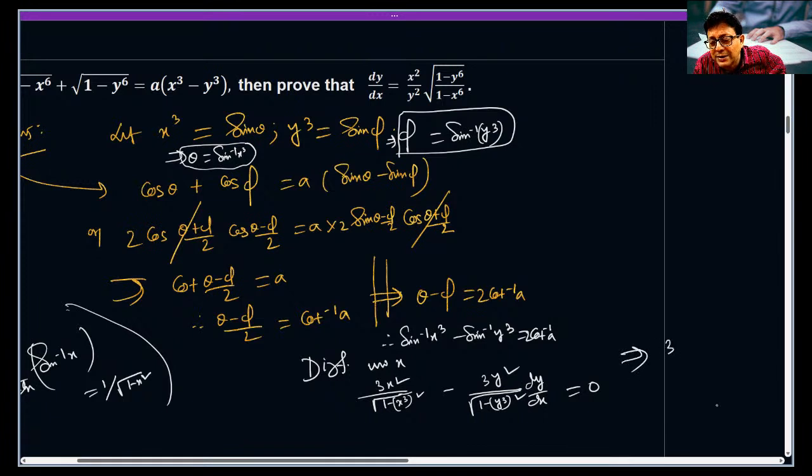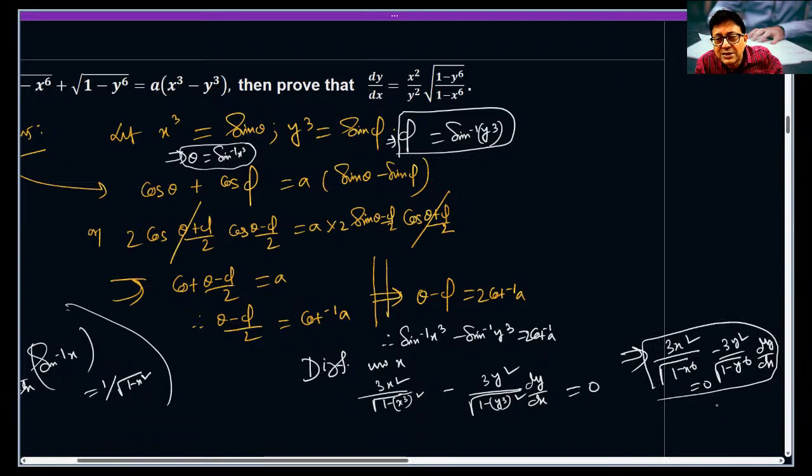So this implies, see, it's coming now. Transfer to the other side and express dy by dx. The 3 is getting cancelled, it's a common term.